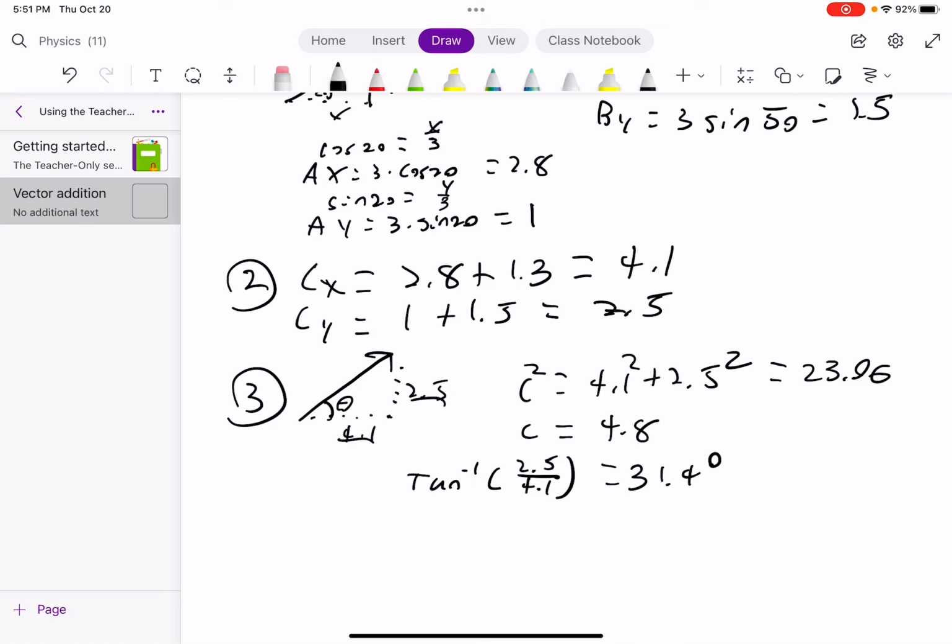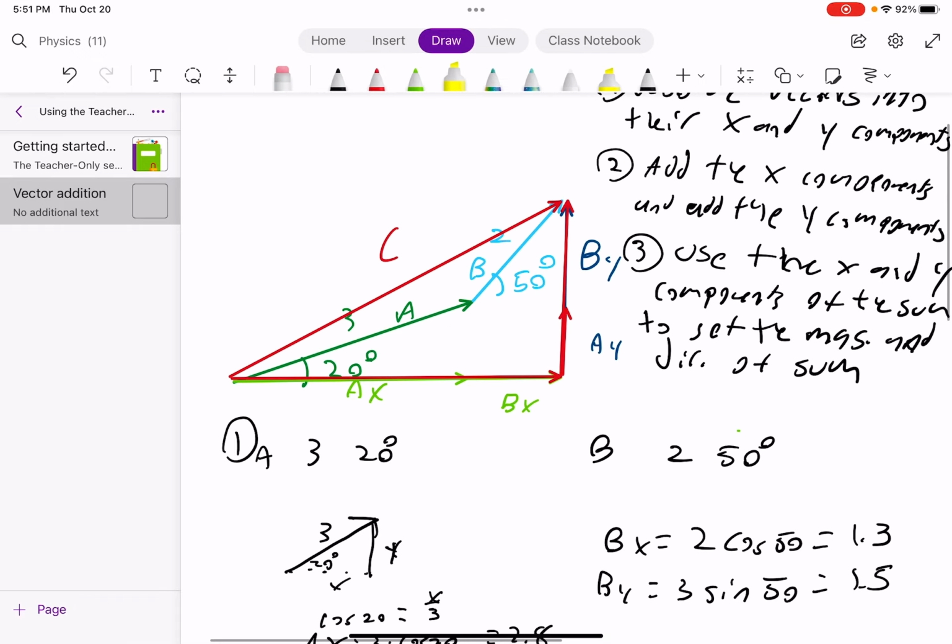So our magnitude is 4.8 and our direction is 31.4 degrees, which means our C, this red line over here, has a length of 4.8 and the angle that it makes with the horizontal is 31.4 degrees.